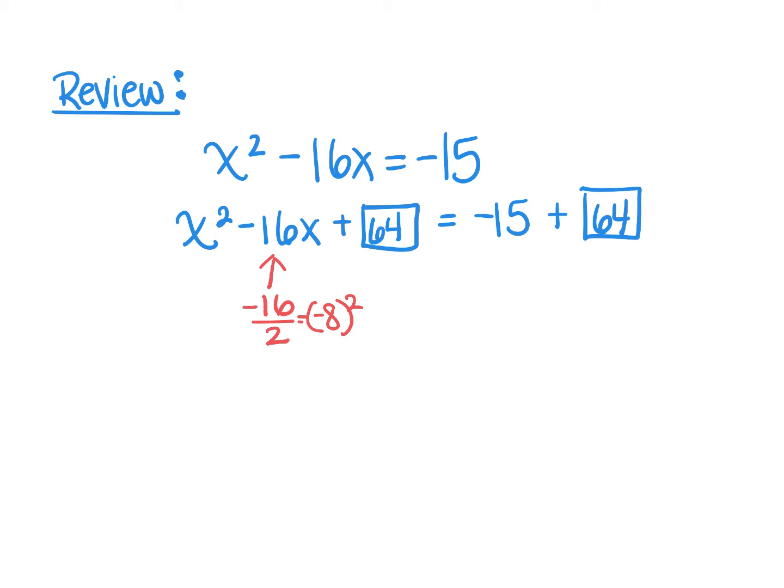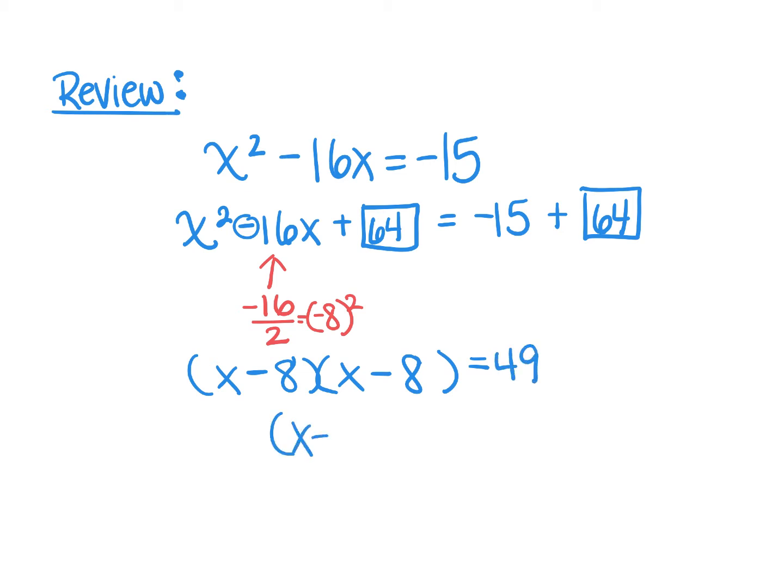Then we continue to solve by factoring. These are perfect squares, so I had the 8 and the 8. And because I had a minus there, these are both going to be negative, and this is equal to 49. So we have x minus 8 squared is equal to 49.